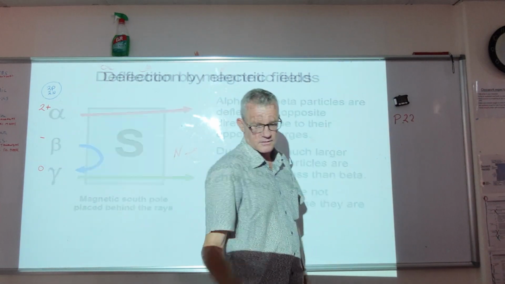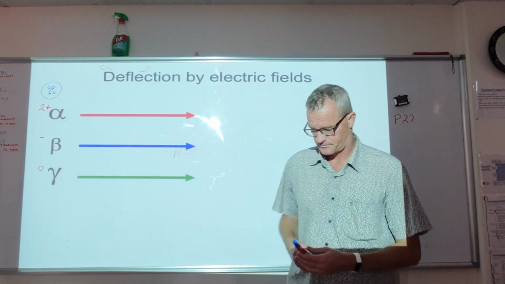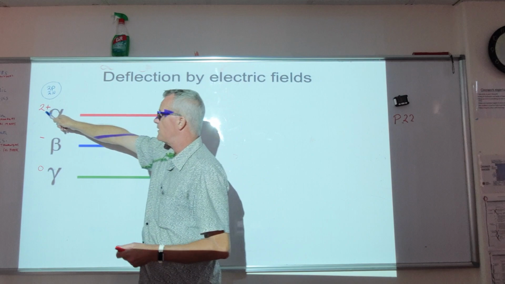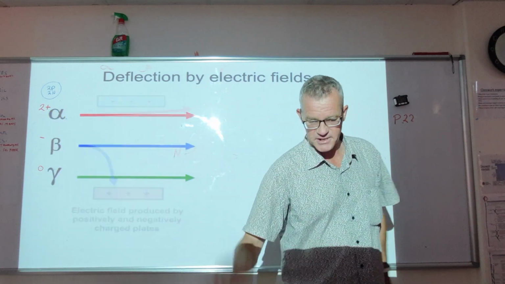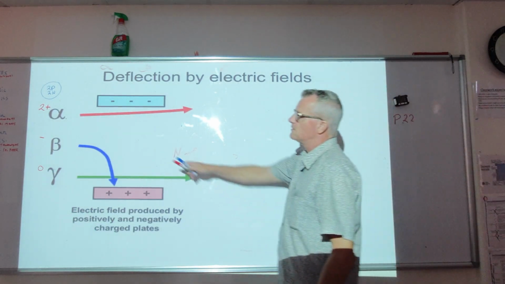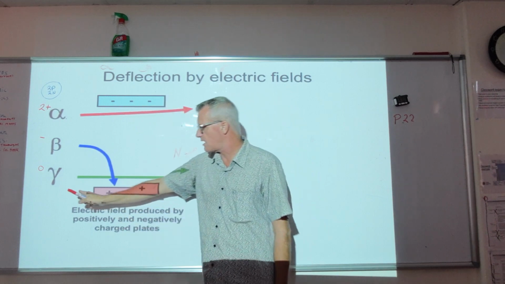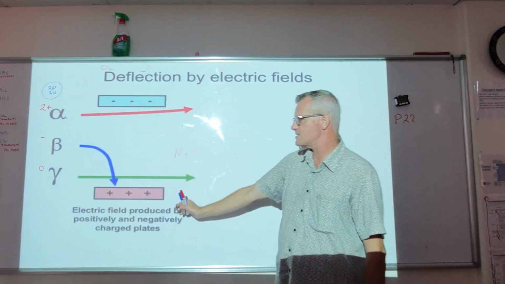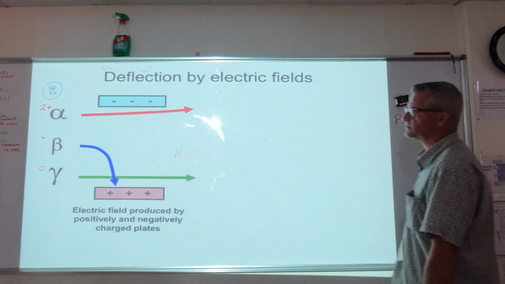Now, for the deflection in an electric field, again, alpha 2 plus, beta negative, gamma 0. And let's see how they behave in the electric field. On the top we have negative, and on the bottom we have positive, so the electric field is this way, which you will learn in A level.